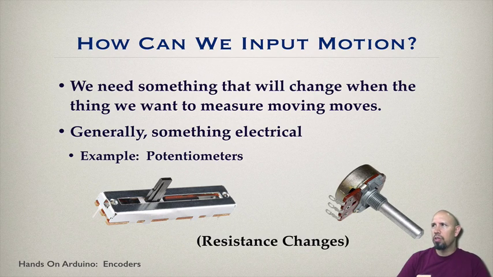So it turns out if you use an encoder, you can actually make it so that you can do longer distances. So for our purposes, we're primarily going to be talking about rotational encoders, but the same things apply to linear encoders.